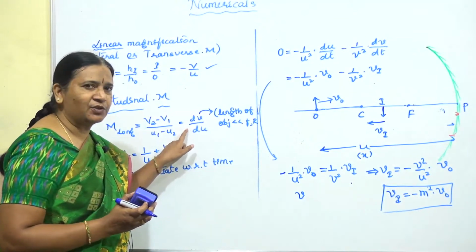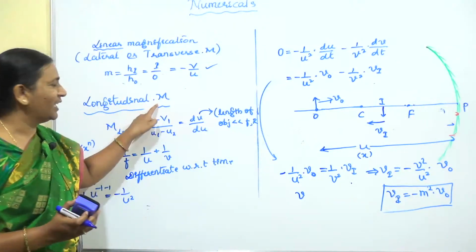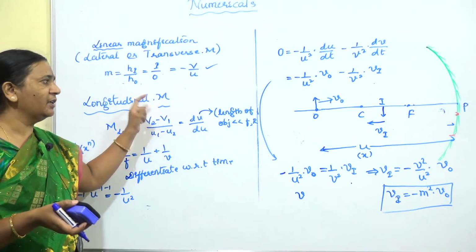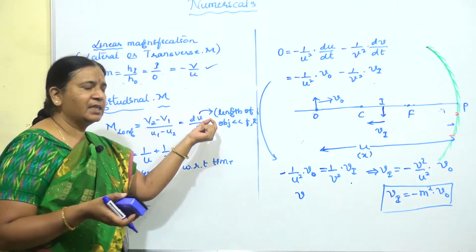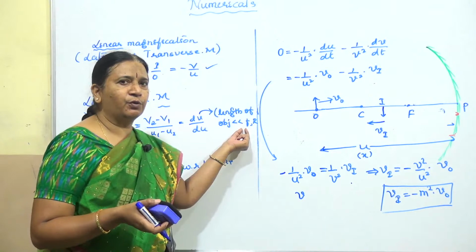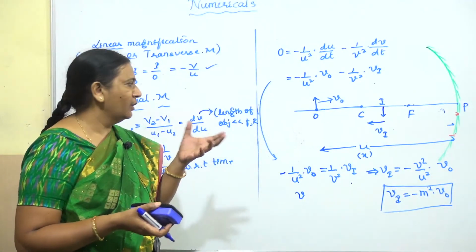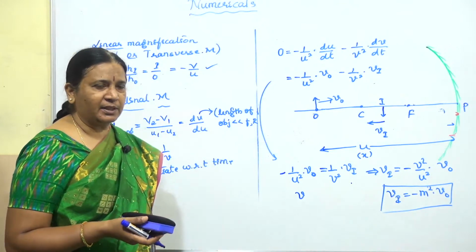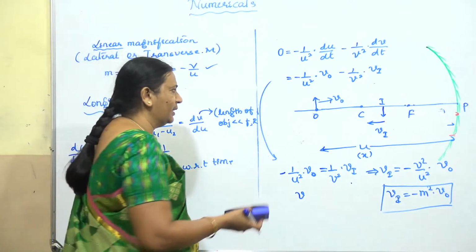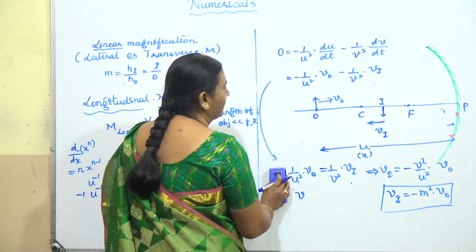But we are discussing actually longitudinal magnification, how to find it directly if the length of the object is negligible compared to the focal length of a given mirror. Like 1 centimeter is there, focal length is 30, 40, even 20 centimeter, it becomes negligible in that case.